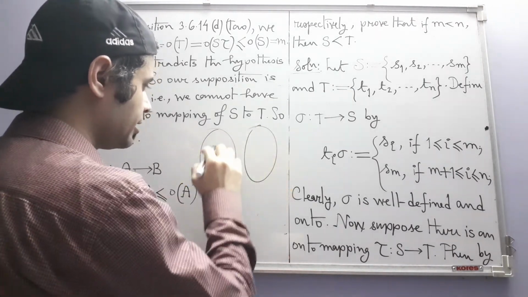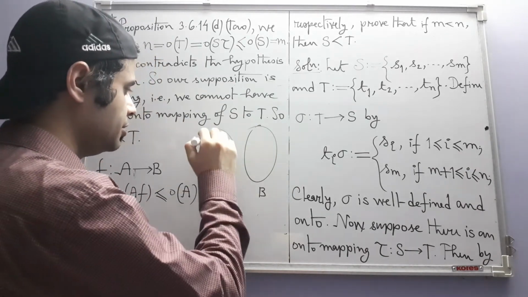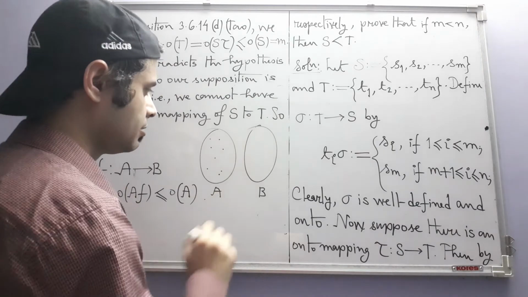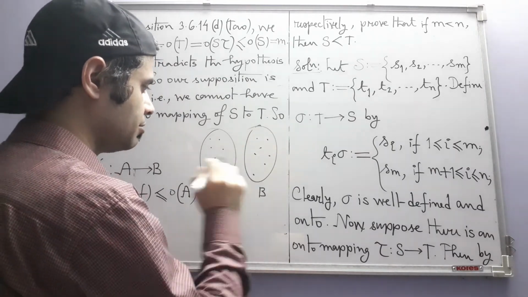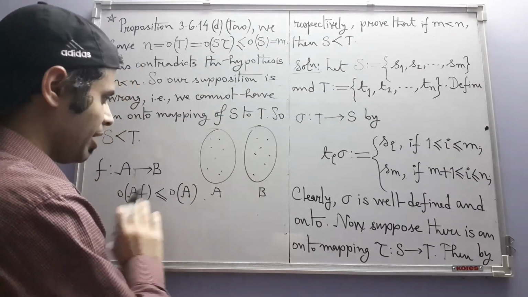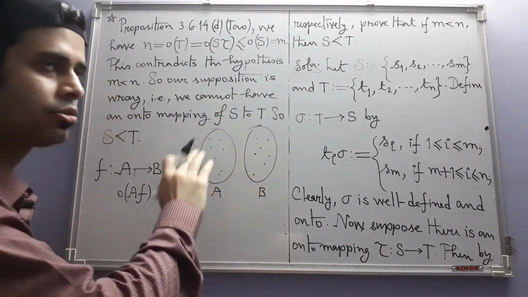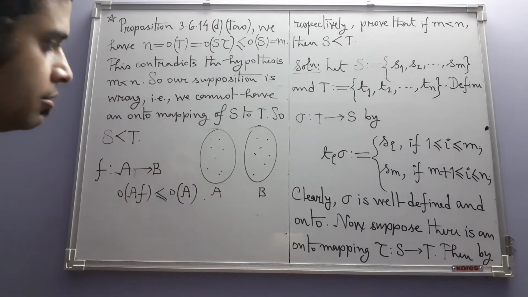This is your finite set A, this is your finite set B. There are some elements here. Also we have some elements here. Now the mapping is mapping all the elements of A onto elements in B.